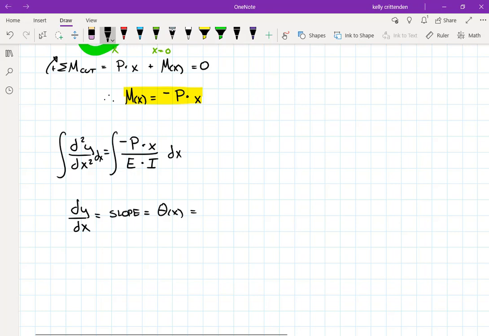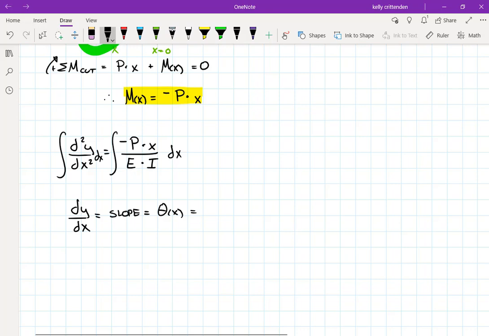Like I said, E and I are constants. They're a material constant and a geometric constant. And I assume that the beam does not change materials from one end to the other, so E doesn't change. And I assume that I, the moment of inertia, doesn't change from one end of the beam to the other, which are pretty valid assumptions.